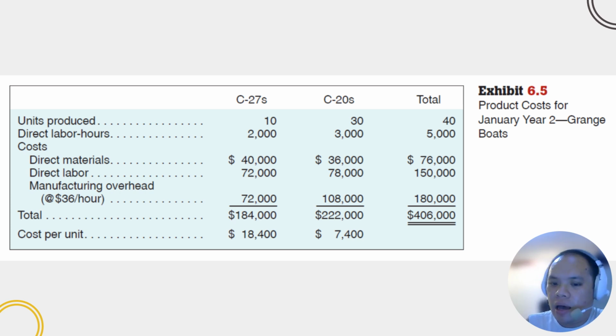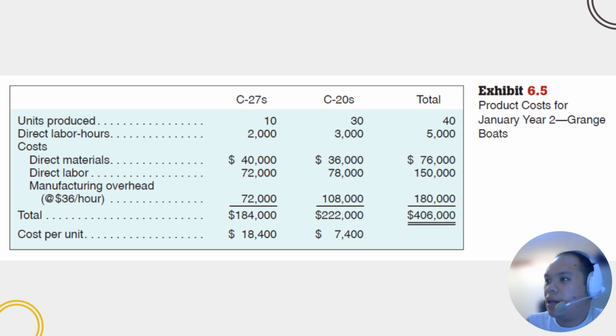So since we have computed that $36 is our per direct labor hour predetermined overhead rate, we will base our answers here on direct labor hours because that is our allocation base nga giingon ganiha, the 5,000. So for that 5,000, 2,000 direct labor hours si C27S and 3,000 direct labor hours si C20S.